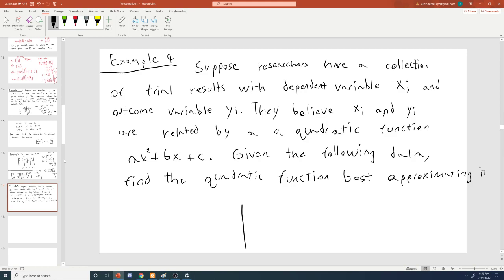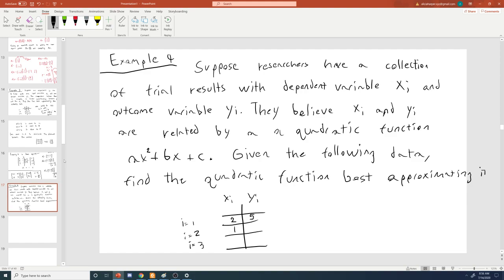So here's what we have. We have a table of xi and yi's. And as before, we're going to have three different things: i equals 1, i equals 2, and i equals 3. And so when we put 2 in, we're going to get 5.